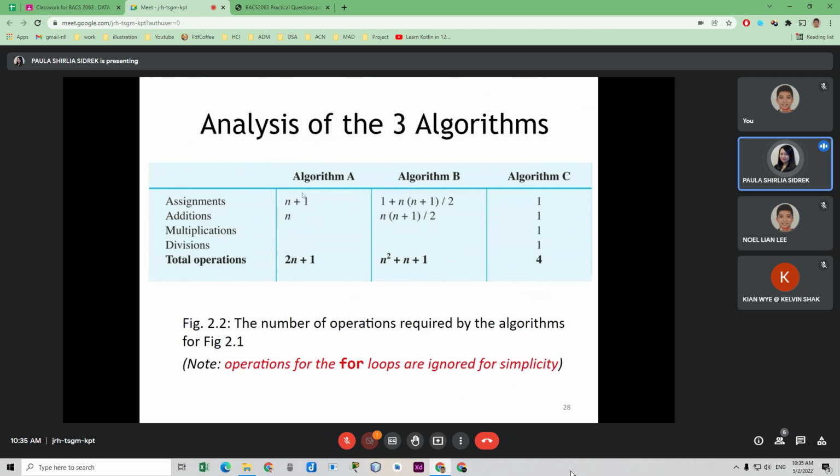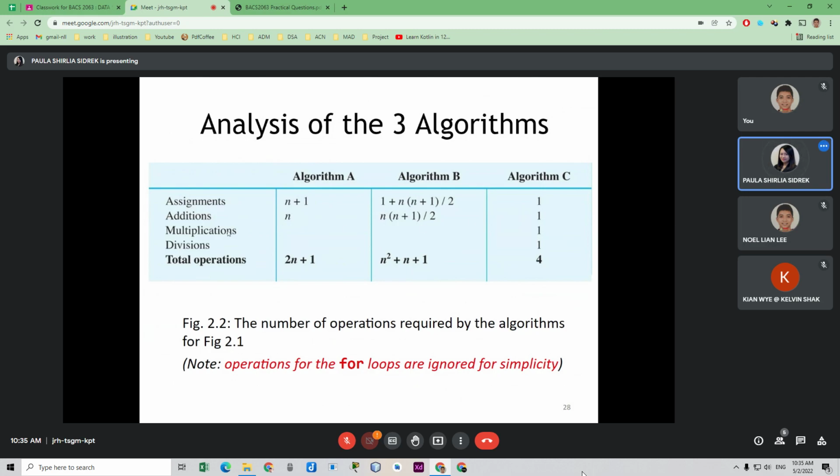All right, assignments for algorithm A would be n plus 1. Algorithm B would be 1 plus n plus 1 divided by 2. Algorithm C would be only 1, a constant value. Additions: algorithm A is n, algorithm B is n multiplied by n plus 1 divided by 2, and algorithm C is 1.